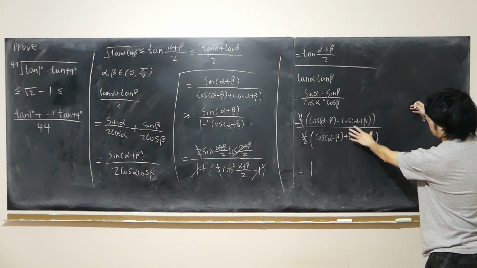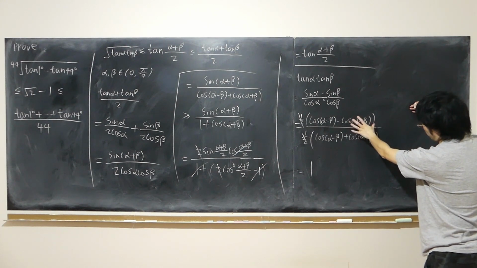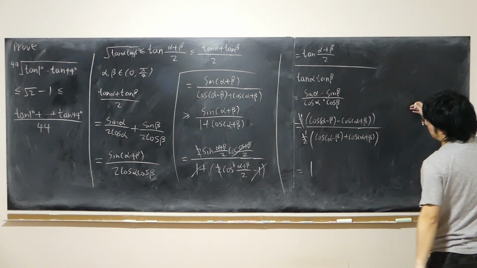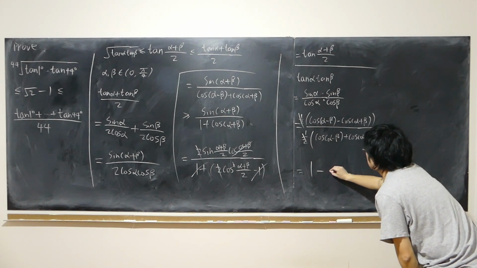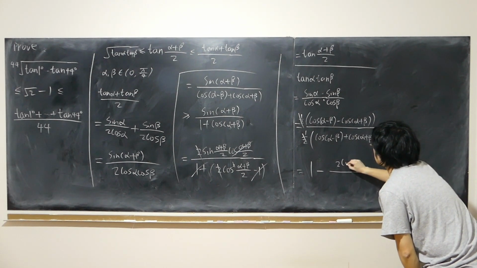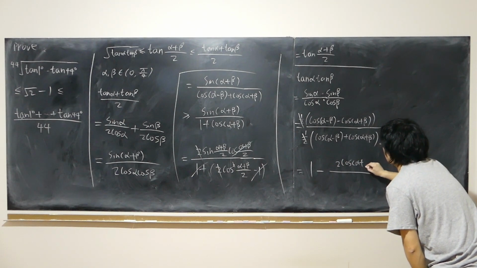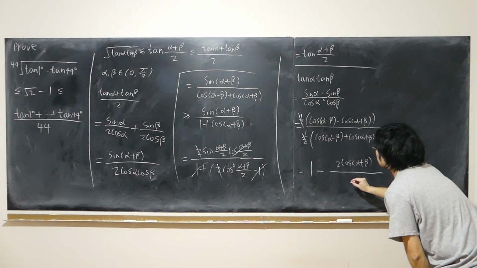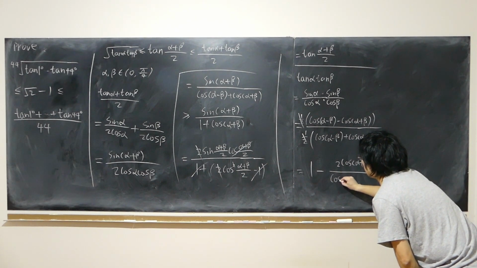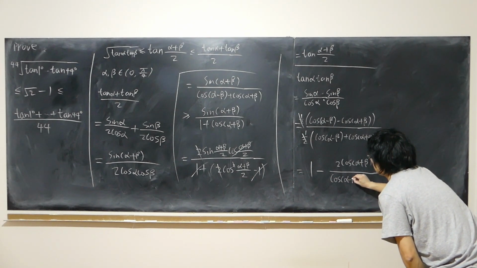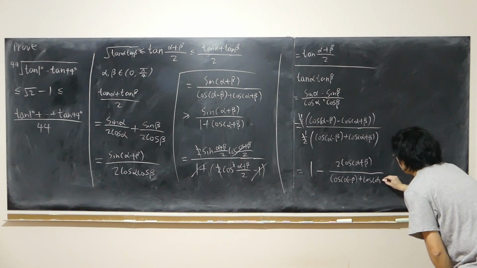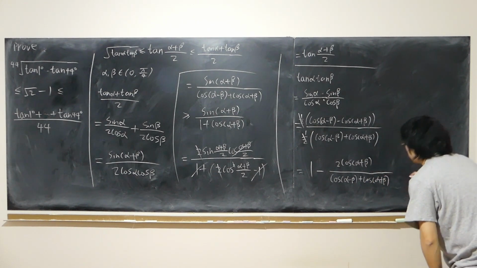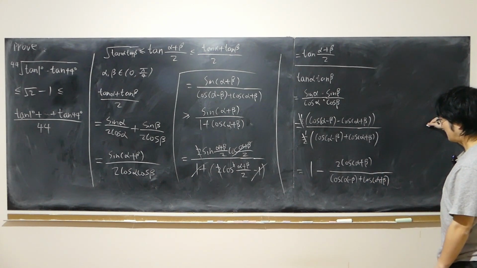So here I have minus this thing, so I have minus twice of cosine alpha plus beta over cosine alpha minus beta plus cosine alpha plus beta, right? So this is what I have.